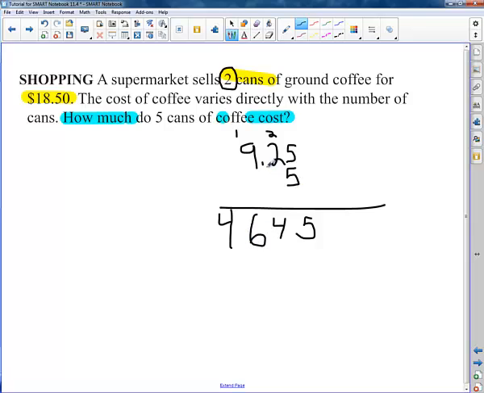We have 2 decimal places, so we bring the decimal back 2 places, and there is our solution: 46.25. That was the price for 5 cans of coffee.